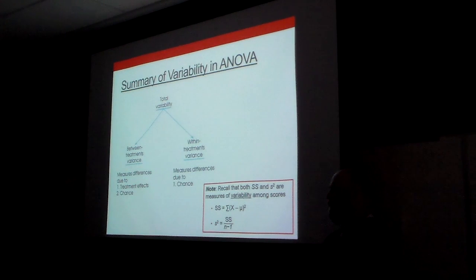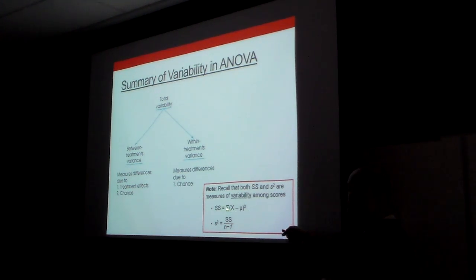Does that indicate a lot of variability or a little variability? Can you tell just from that? Yeah, you can't tell. I don't know, right? It depends on the scaling, right? If I'm looking at something on a scale of 0 to 1,000, that's probably not a lot of variability. If I'm looking at something on a scale of 0 to 10, that's probably a lot of variability, right? I don't know. So there's no meaningful interpretation of sum of squares. It's just a very raw, untamed measure of variability, right?